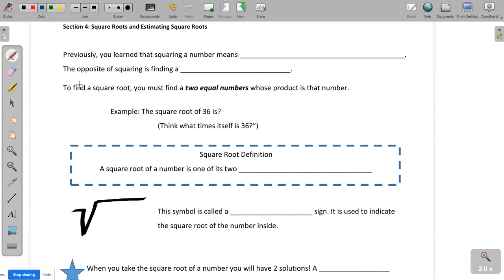Today we are going to be looking at square roots and then estimating. So previously we have learned that squaring a number means we are multiplying it by itself.